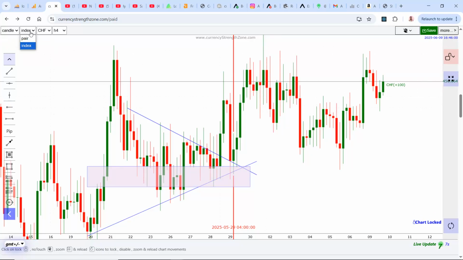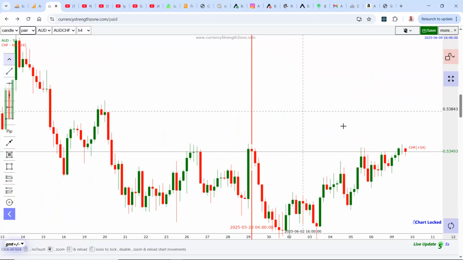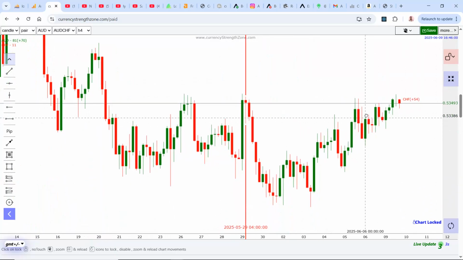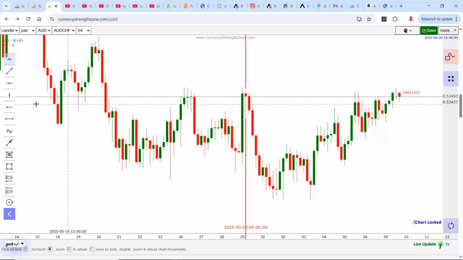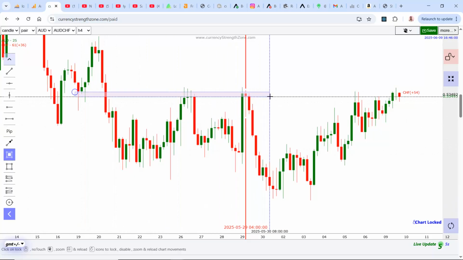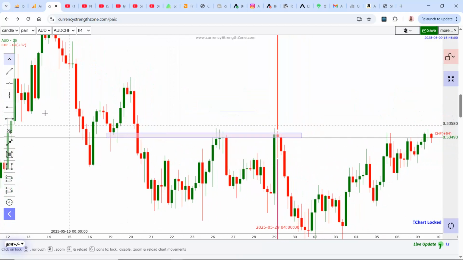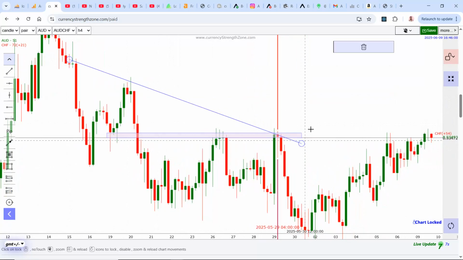Based on this, we now visit the currency pair to make a decision. As you can see, we have a support and resistance zone over here, and some trend line over here.